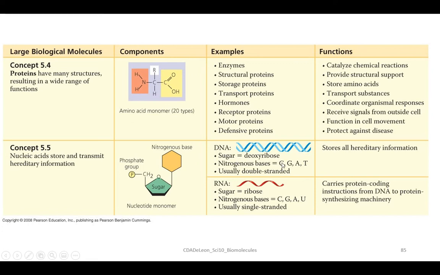We have DNA, which has a sugar of deoxyribose, nitrogenous bases of cytosine, guanine, adenine, and thymine, and is usually double-stranded, while RNA has a sugar of ribose, nitrogenous bases of cytosine, guanine, adenine, and uracil, and is usually single-stranded. Both DNA and RNA store hereditary information and carry protein coding instructions from DNA to the protein synthesizing machinery.